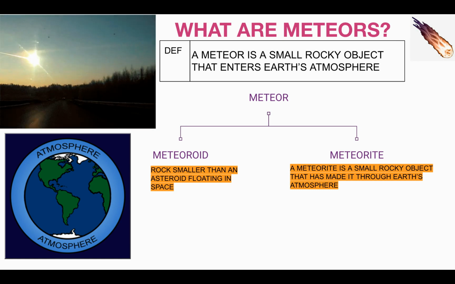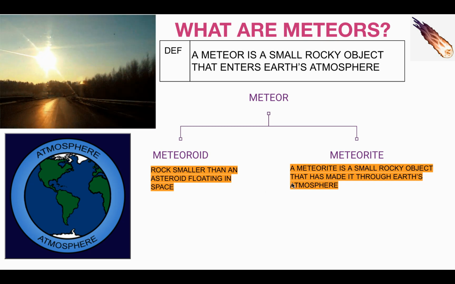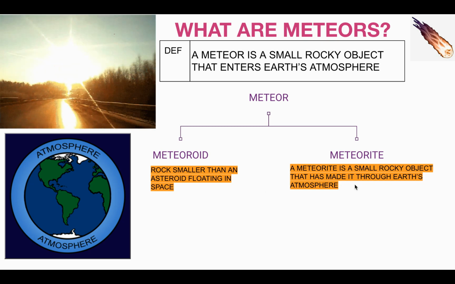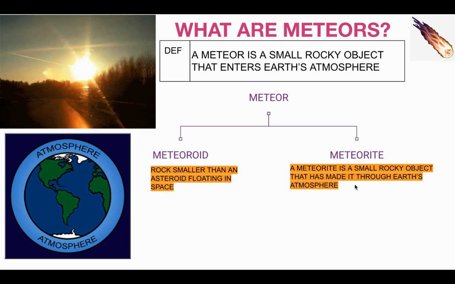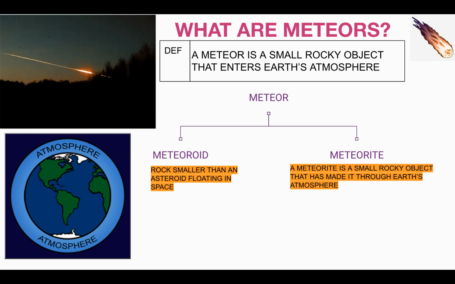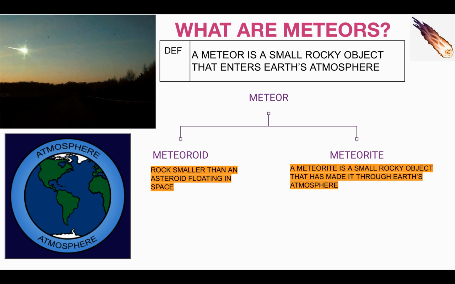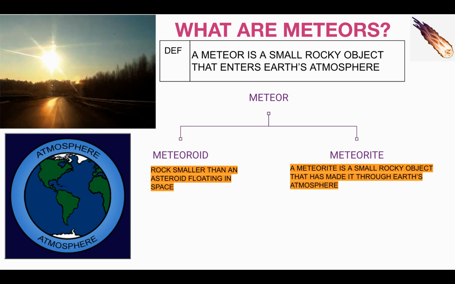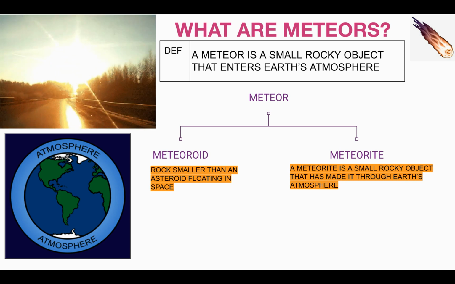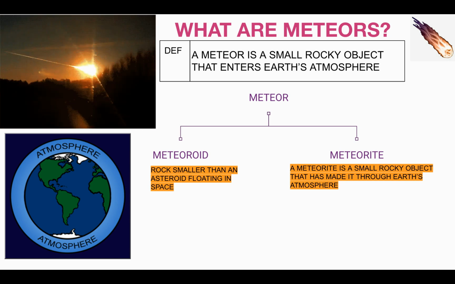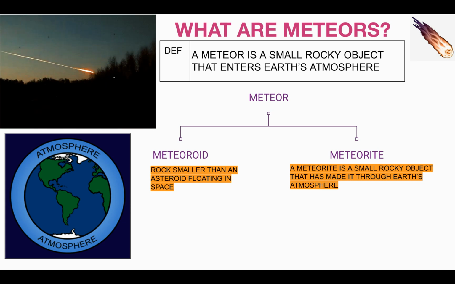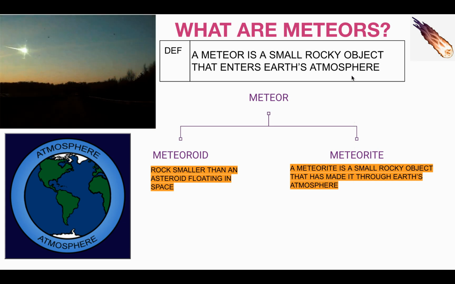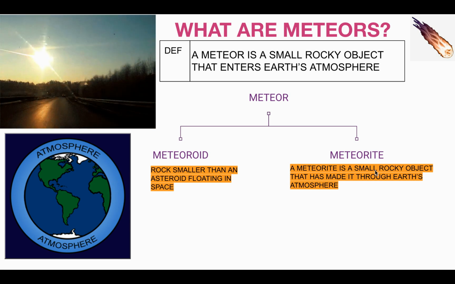You've got a meteorite then, which is a small rocky object that has made it through the Earth's atmosphere. What I think is interesting about all of this is that the Earth's atmosphere protects us from meteors, because what happens actually is when a meteor enters the Earth's atmosphere, remember at that stage it's going to be called a meteorite.